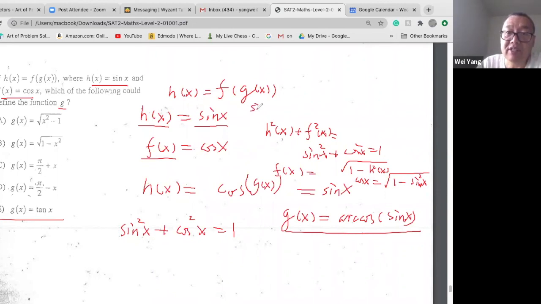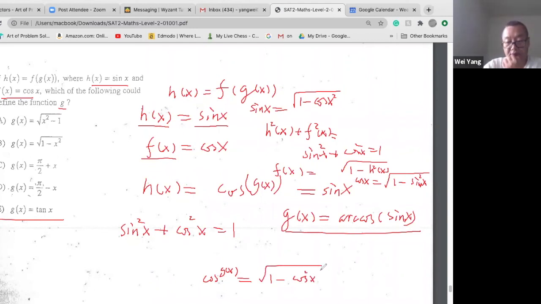We can write sin x equals the square root of 1 minus cosine x squared. So that means we can write cosine gx equals the square root of 1 minus cosine x squared.